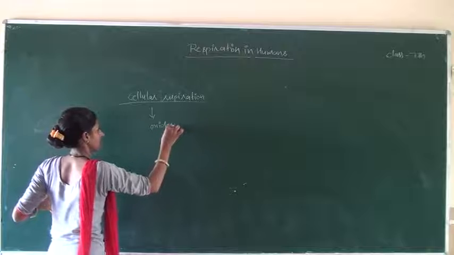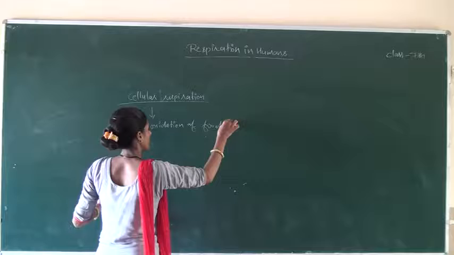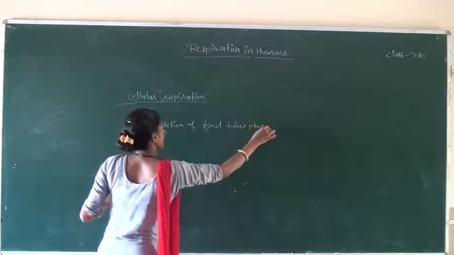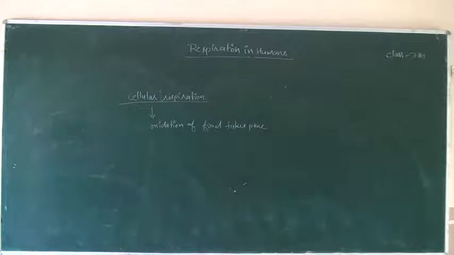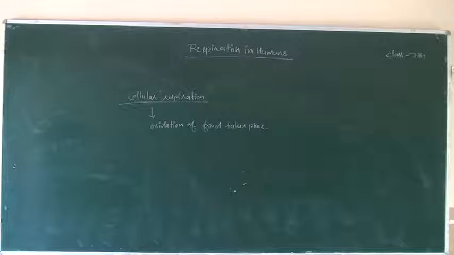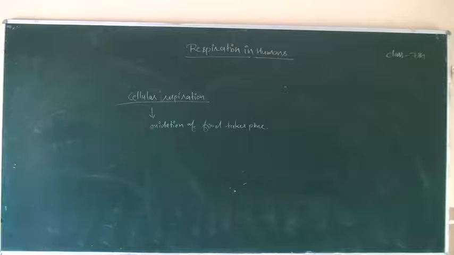In this, oxidation of food takes place inside the cells. As the name suggests, at the cellular level, the process of respiration takes place, so it is called cellular respiration.